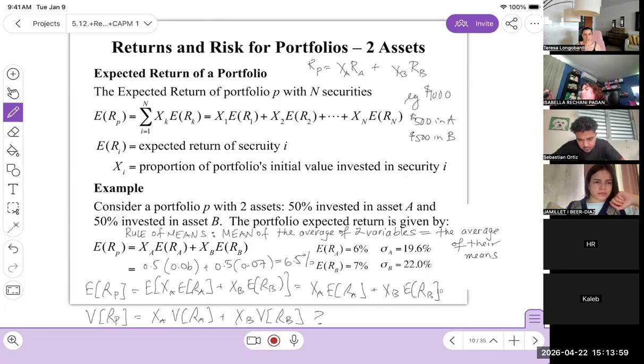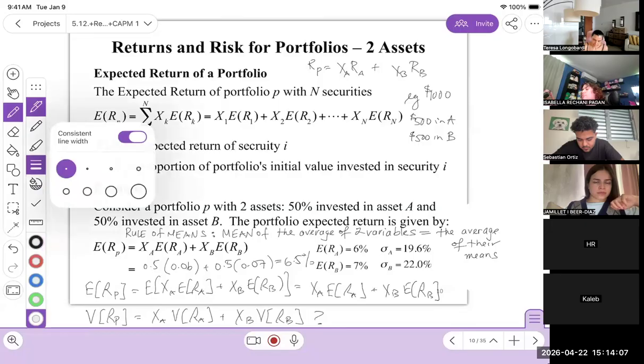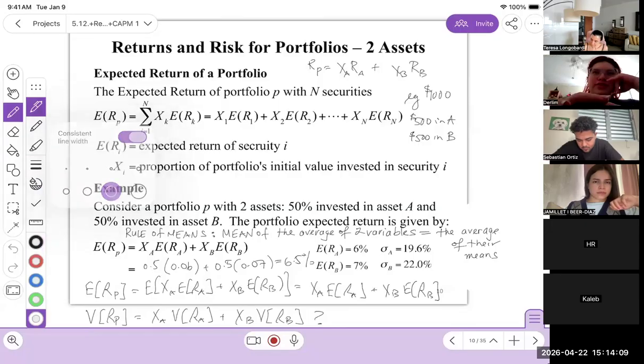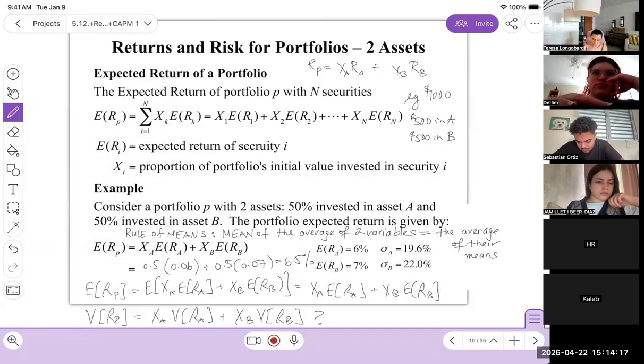Is that how I do it? Is the V supposed to be the variance? The other one was the expectation operator, and this is V for the variance operator.